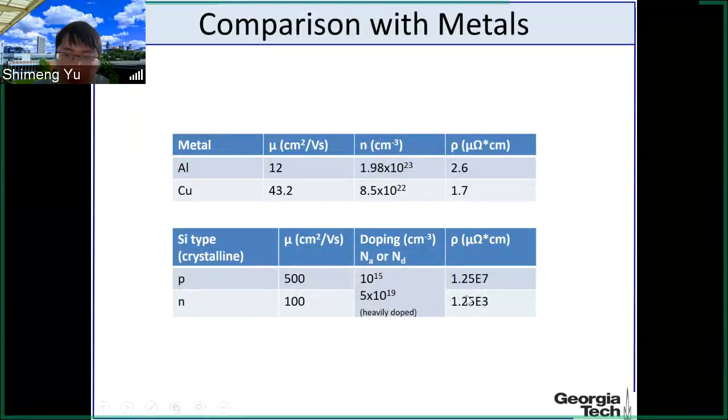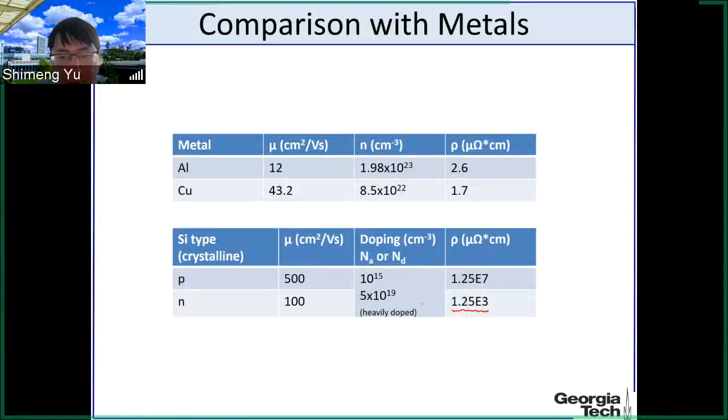It's about 1.25 times 10 to the power 7 in this very lightly doped p-type. And for the heavily doped n-type, in this case, it's 1.25 times 10 to the power 3. So as you can see here, this one is close. Of course, it's not the same as metal because this is still semiconductor. But with a very heavily doped silicon, you can approach the metal resistivity.